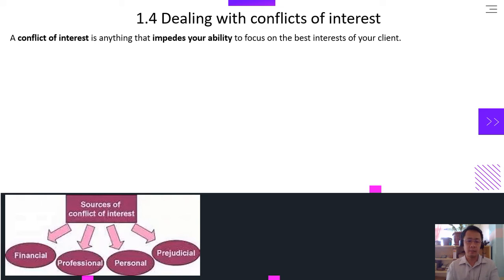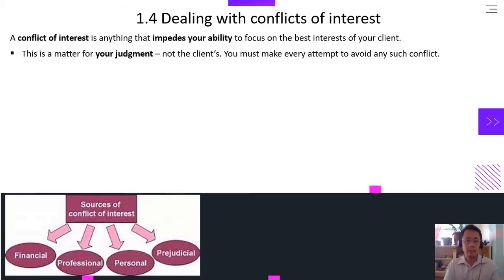These are some of the most common sources of conflict of interest. Be very vigilant and careful in terms of these elements. This is a matter of your judgment, not your client's. So you must make every attempt to avoid such conflict.